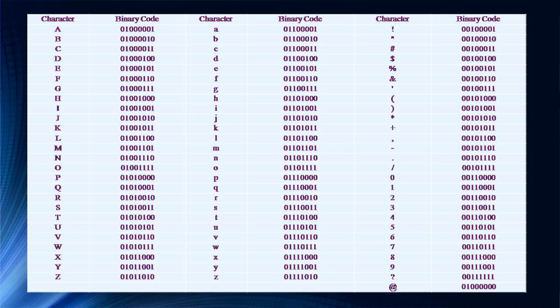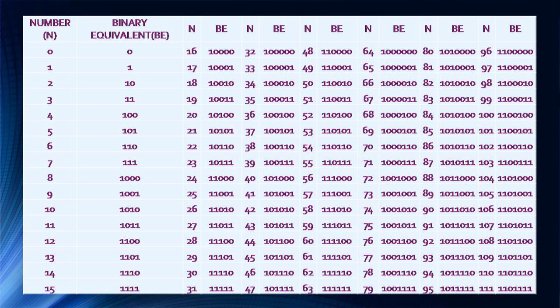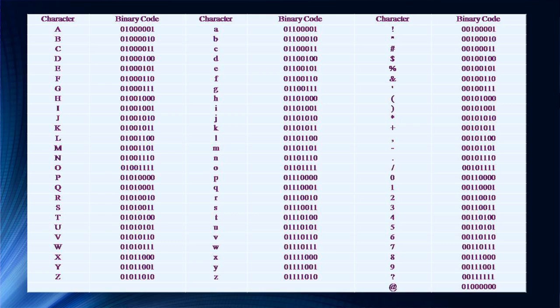Now, as you can see, there is a chart available which shows you a list of characters and symbols. Along with that, there is another one which shows you a list of numbers, probably more than 100. As you can see, each character has a binary code equivalent to it, which is a byte. That byte is a combination of 8 bits, as I told you.